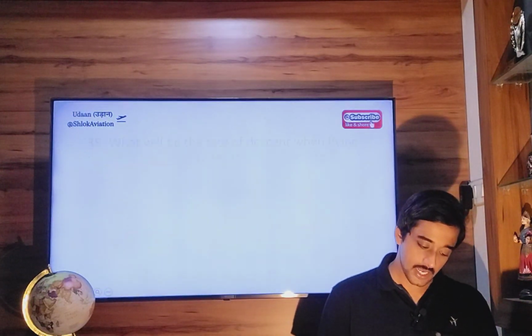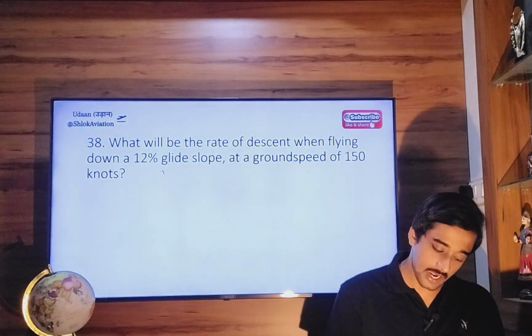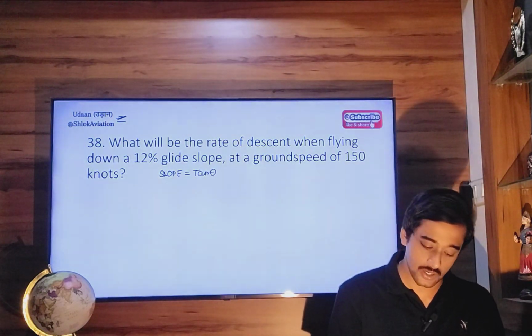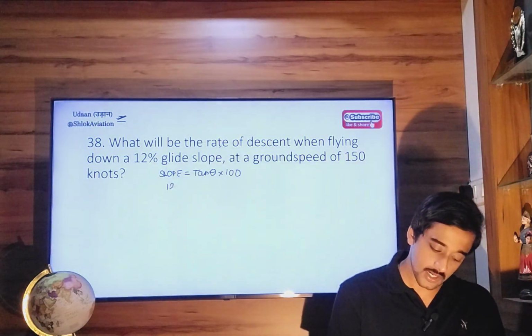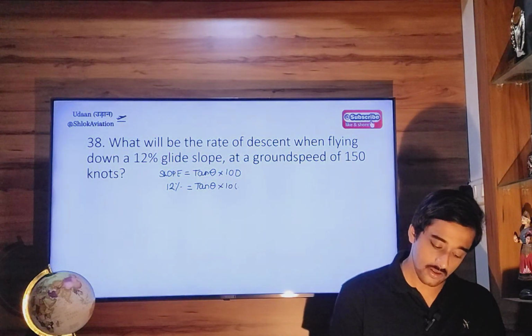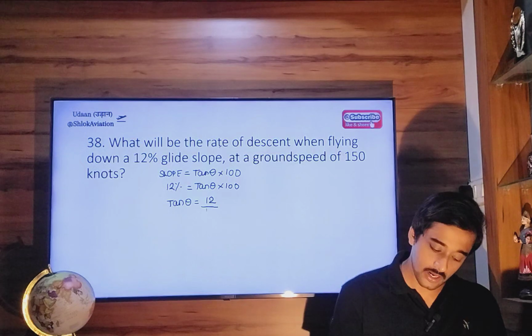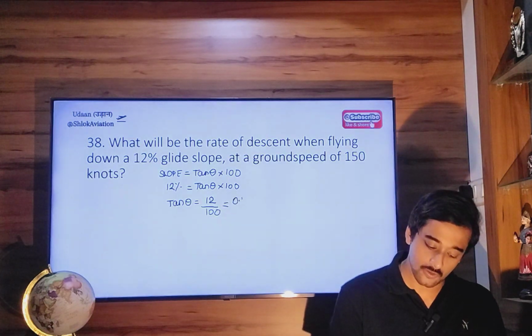Next, 38. What will be the rate of descent when glide slope is 12%? So slope equals tan theta into 100. So 12% equals tan theta into 100. So tan theta will be equal to 12 by 100, that is 0.12.